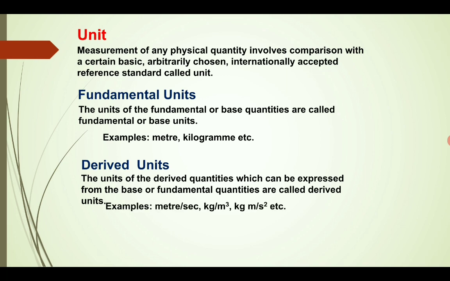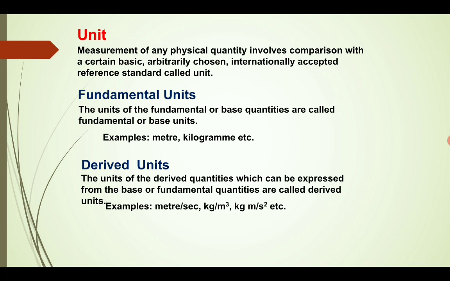Again, like we are having meter per second, that is for speed or velocity. For density we are having kg per meter cube. For force we are having kg meter per second square. For acceleration we are having meter per second square. For momentum we are having kg meter per second, and so on.